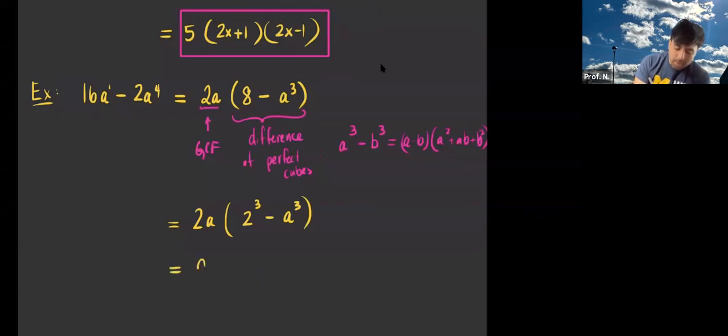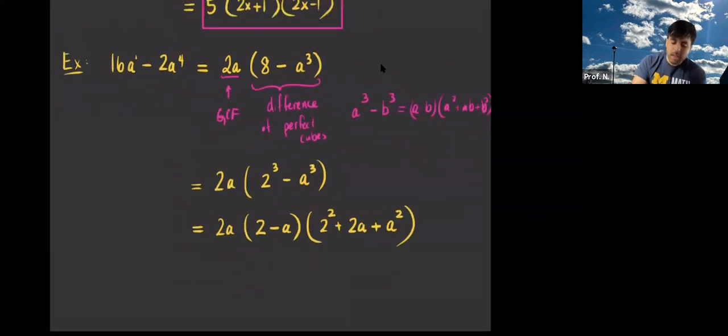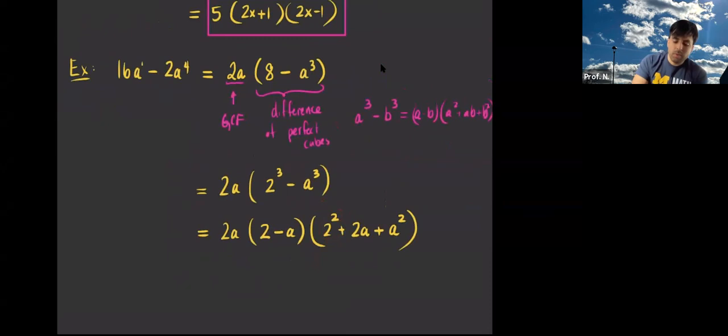And I'm left with 2a(2 minus a)(2 squared plus 2a plus a squared). And I cannot factor this any further. And then here I can just express what 2 squared is, which is 2a(2 minus a)(4 plus 2a plus a squared).